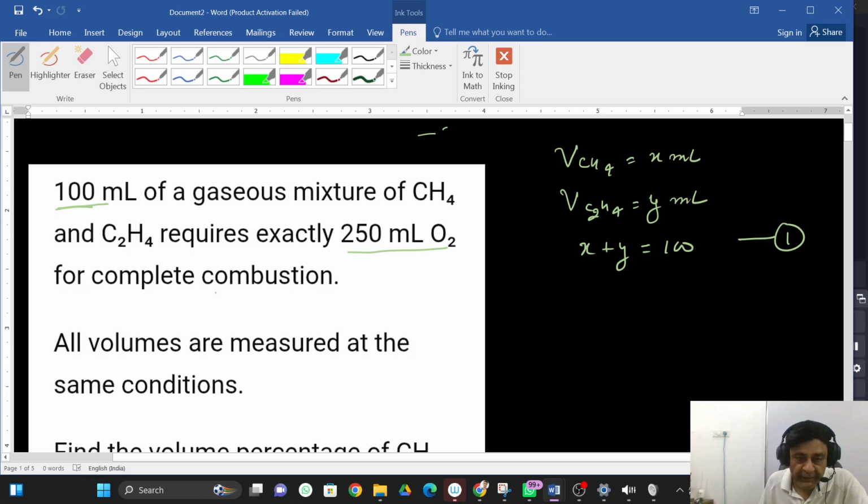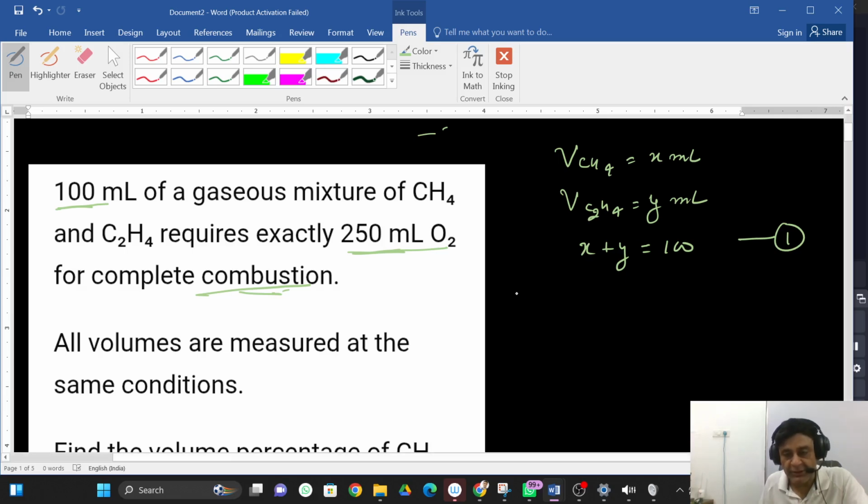After complete combustion, we observe that the mixture required 250 milliliter of oxygen. It means the volume of oxygen consumed by the methane and the ethene collectively is equal to 250 milliliter. First of all we have to see how much volume is used by the methane and how much by the ethene.